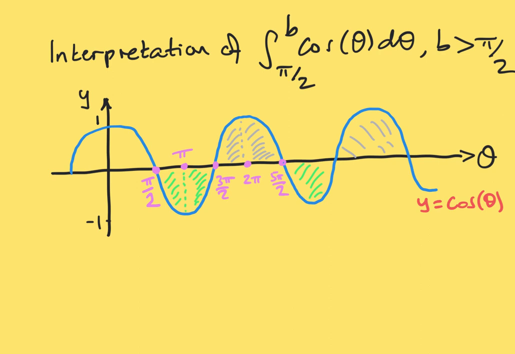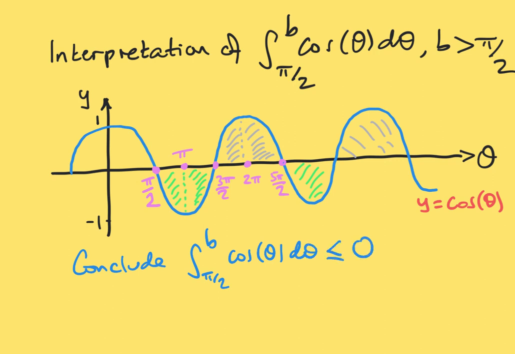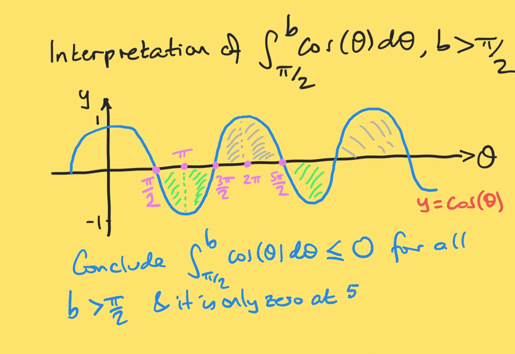So we conclude that the integral from pi over 2 to b of cos theta d theta is less than or equal to 0 for all b greater than pi over 2, and it is only 0 at 5 pi over 2 when we have this and this cancelling.